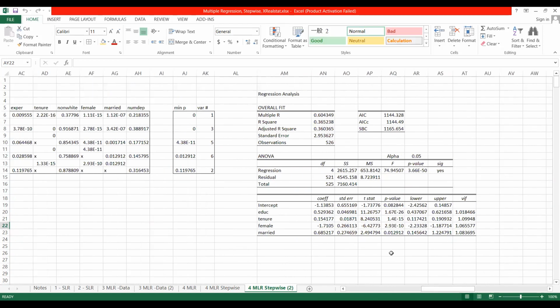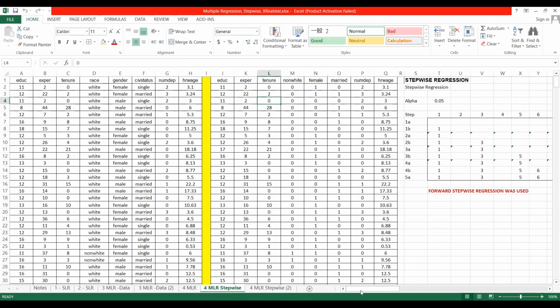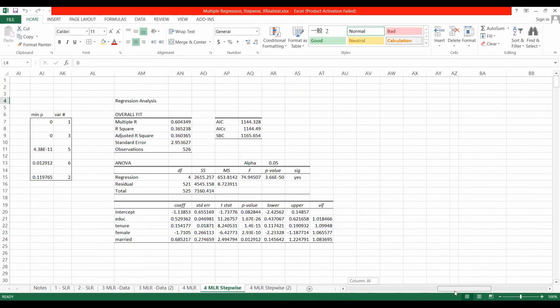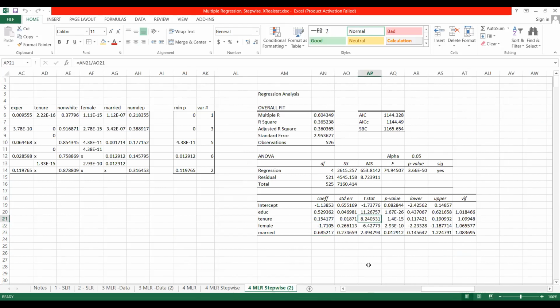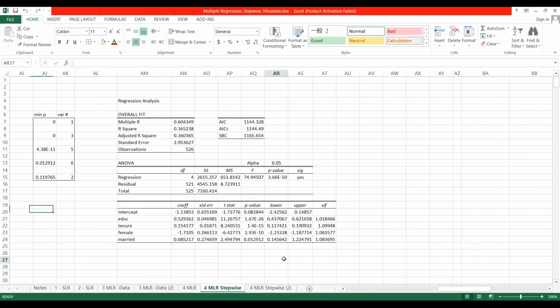So nag-stepwise siya, and ang lumalabas dito, education, tenure, female, married. Do we have the same values as our final model here? I-copy ko to, ha.